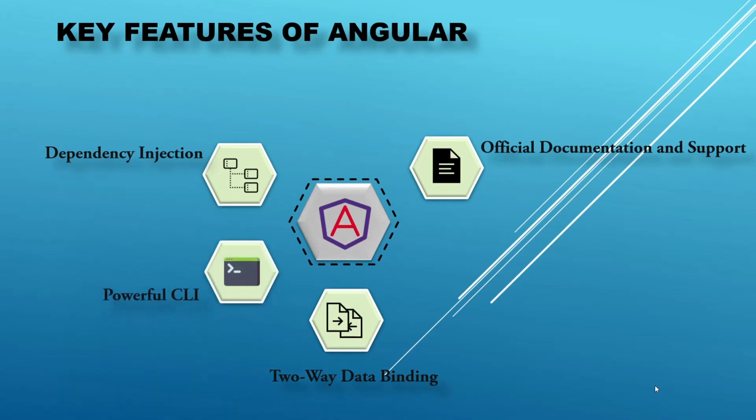Next one is a powerful CLI. You will get a CLI, which is the command line interface. Whenever you are creating a new component, you are using ng g c, and that is a CLI. No need to create it manually, the CLI will create it for you.